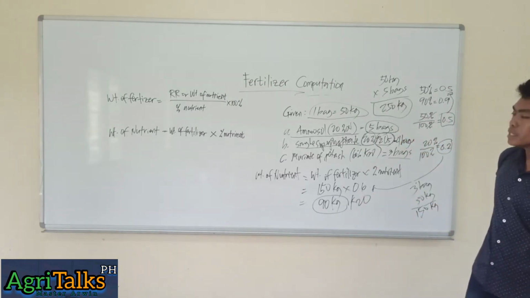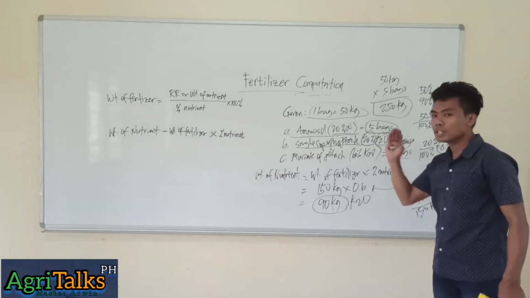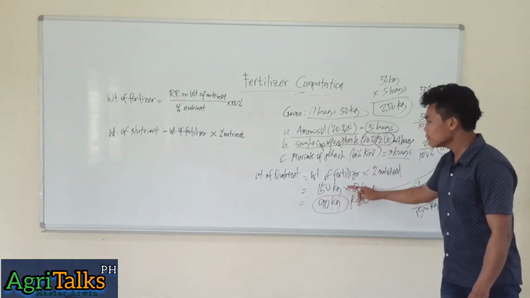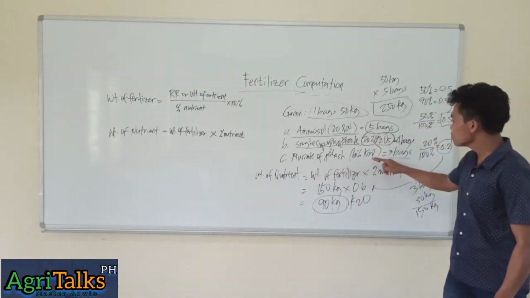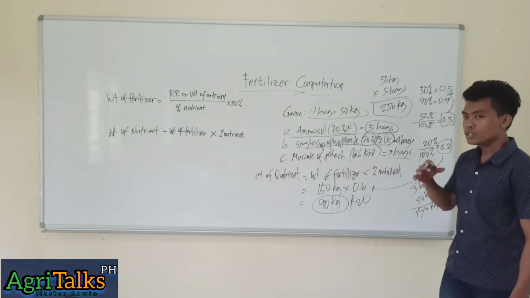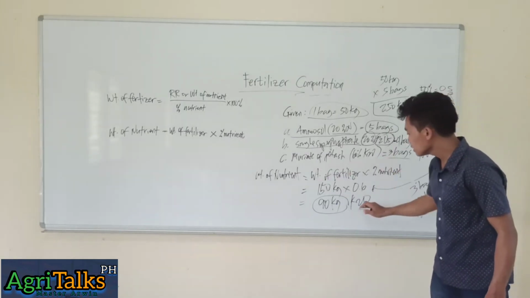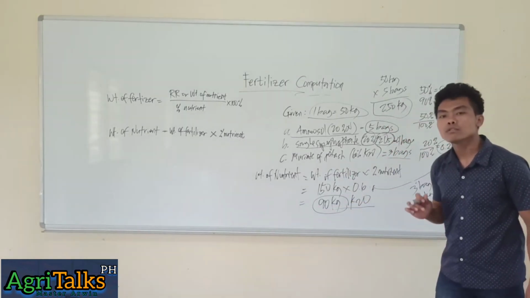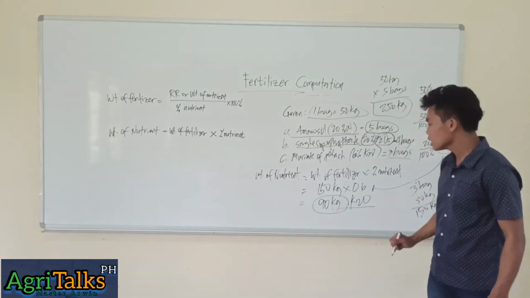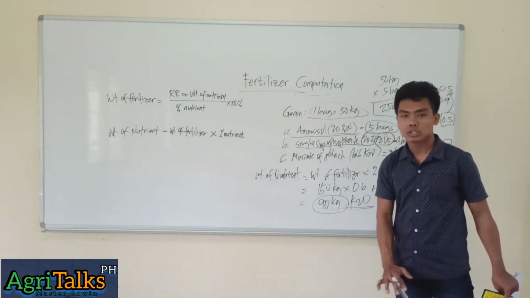So this means that if you apply 3 bags or 150 kilograms of muriate of potash, you also apply 90 kilograms of potassium.